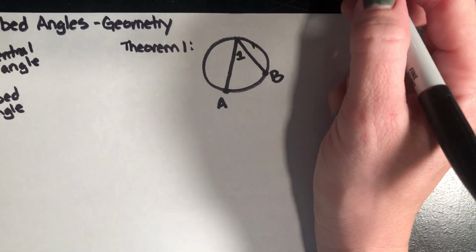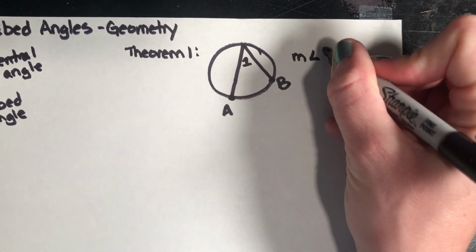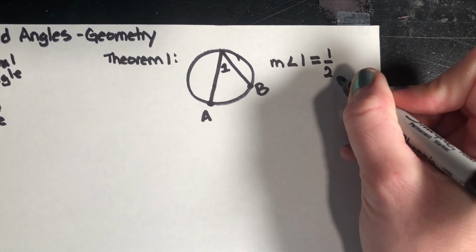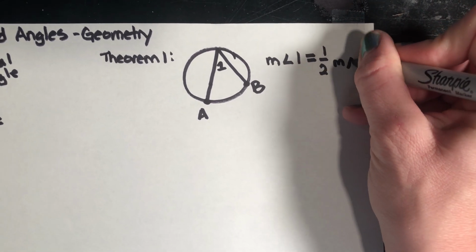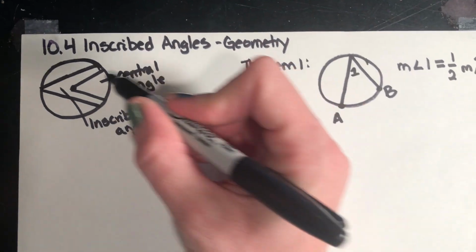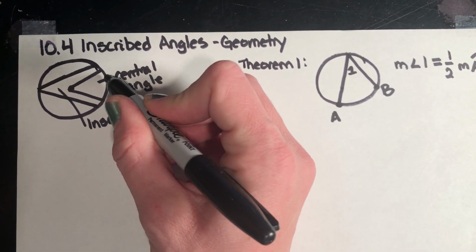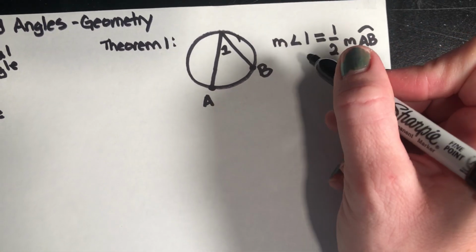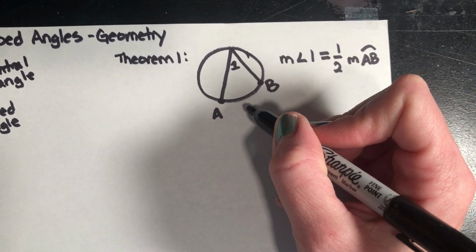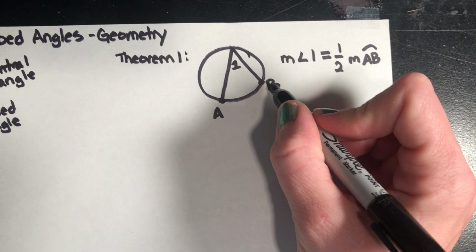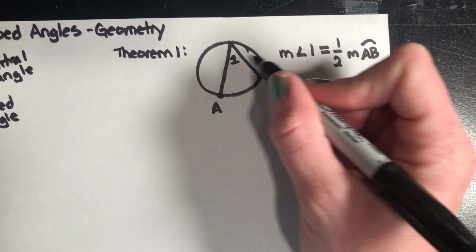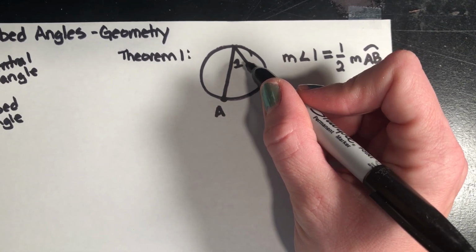The measure of angle 1 is going to be equal to 1/2 of the measure of arc AB. So unlike the central angle, where if this was 30 degrees, that was 30 degrees, if angle 1 is 30 degrees, AB is 60 degrees. Or the other way around, if we are given AB is 60 degrees, we're going to divide that by 2 to find the measure of angle 1, which would be 30 degrees.